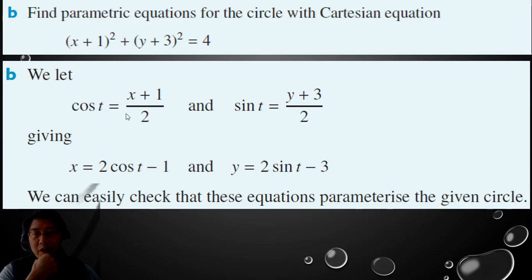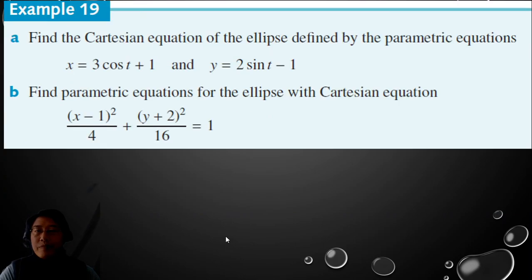That's how you obtain those ratios, and we make each one of them respectively cos and sine, because that would be equal to 1. Once you have that, you make x and y the subject, and you get your parametric equations. It is the same with the Cartesian equation of an ellipse, which is already simpler because the right hand side is already equal to 1. Anyway, we'll get there in another example.